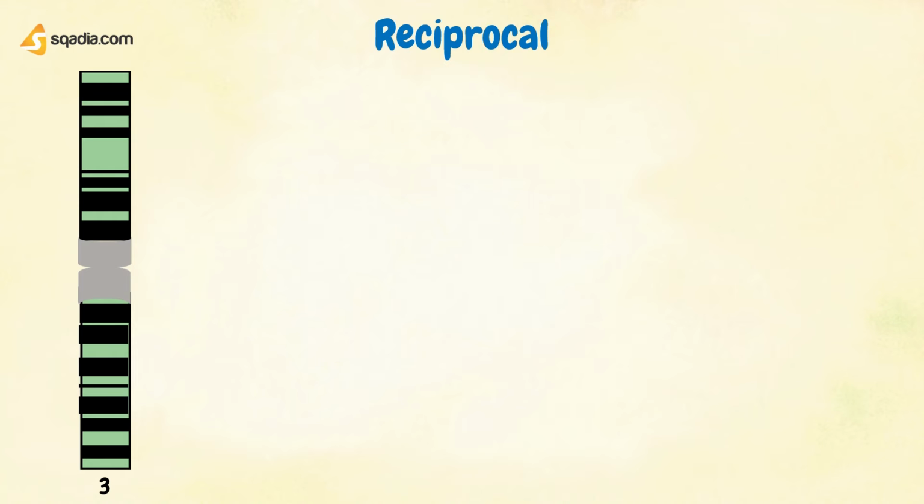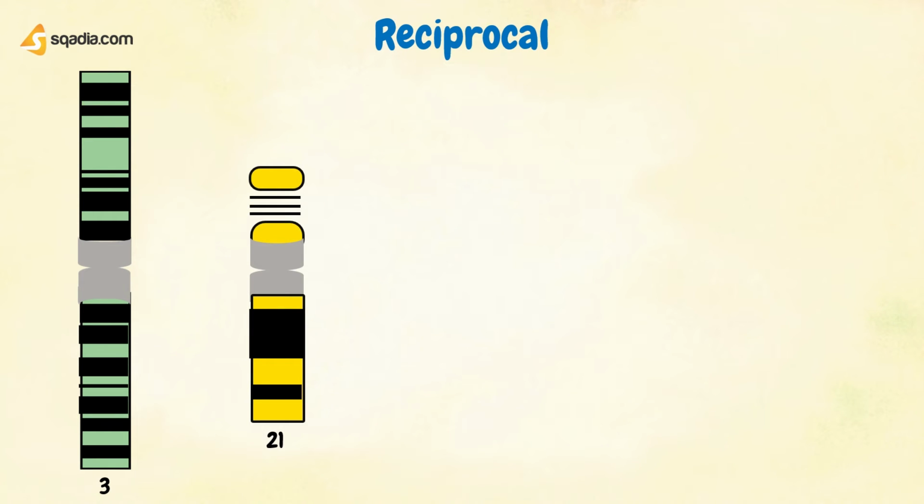Well, reciprocal translocation involves intrachromosomal exchange. Let's understand it. This is chromosome 3, and this is chromosome 21, as we have said that. Reciprocal translocation involves intrachromosomal exchange. So, there is an intrachromosomal exchange between chromosome 3 and chromosome 21.